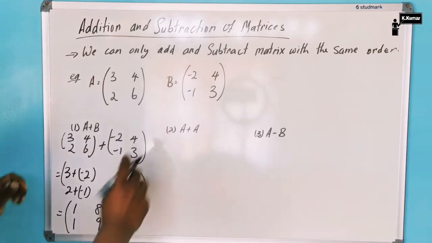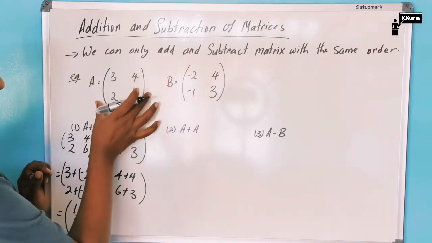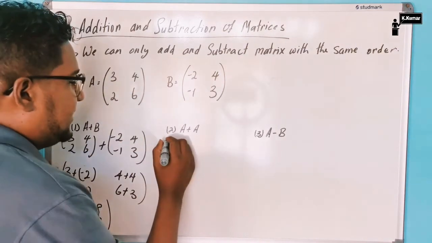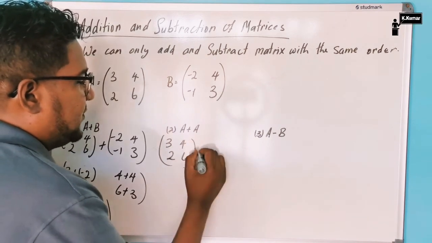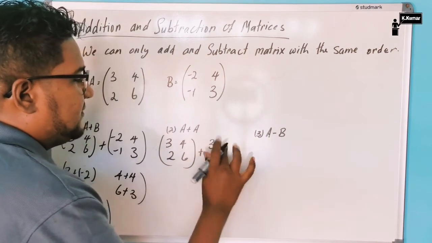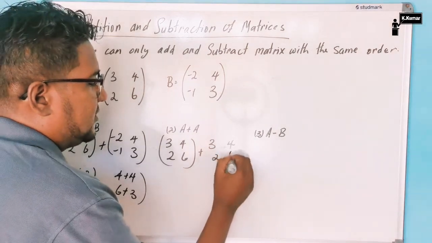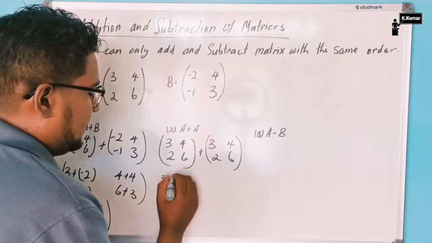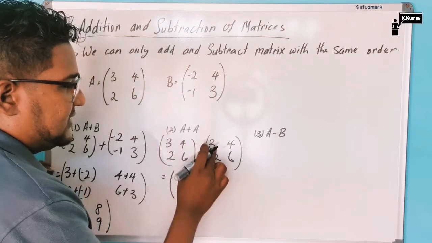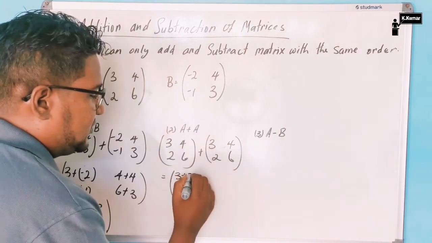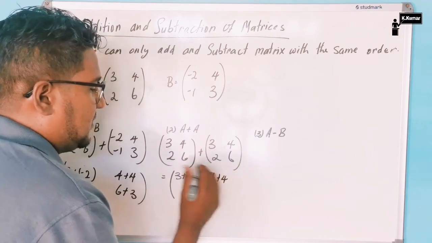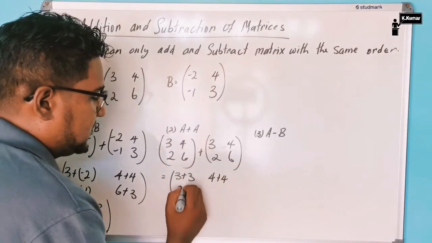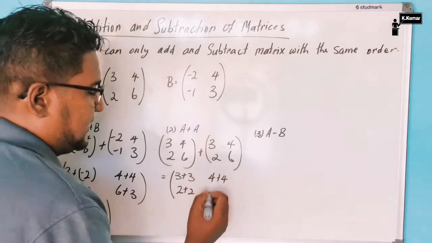Now the second one, we have A plus A, and that is adding this to itself. So A is 3, 4, 2, 6 plus 3, 4, 2, 6. Again, first element with the first element, so that's going to be 3 plus 3, 4 plus 4, 2 plus 2, and 6 plus 6.